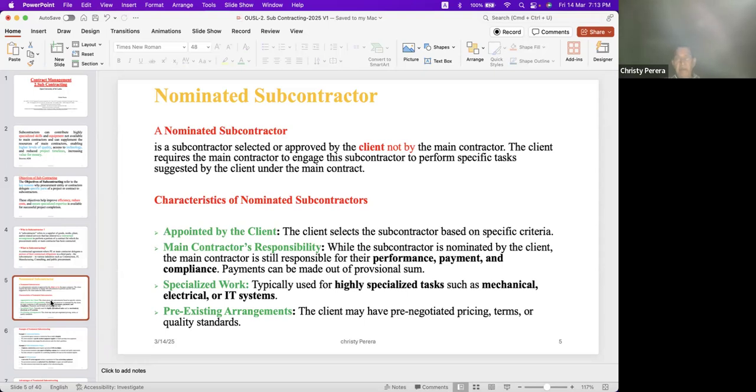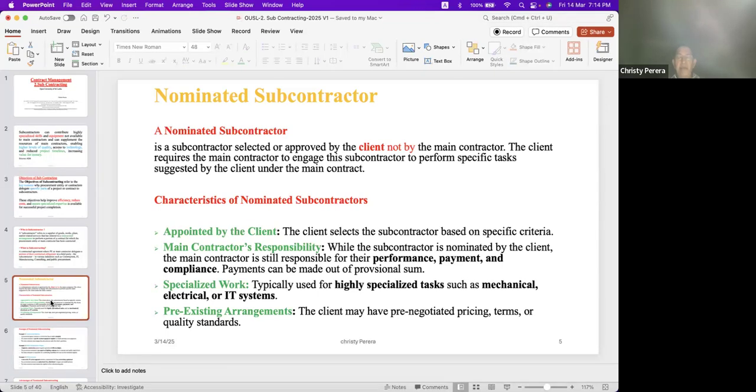I know that party very well because I have done some work with him earlier. He's done a job and his prices are reliable. Like that, he is very good. Therefore, I want to nominate him as a subcontractor to the contractor.